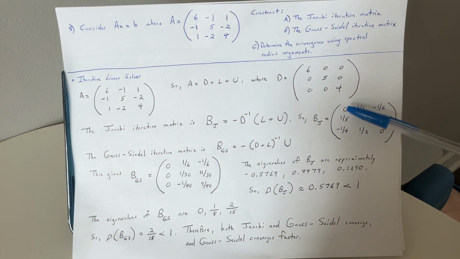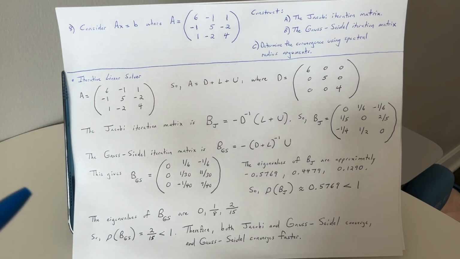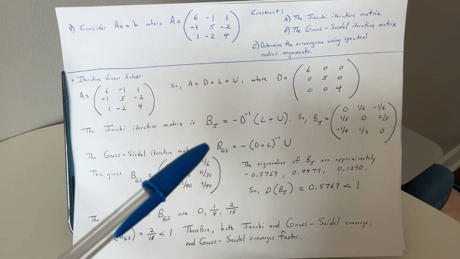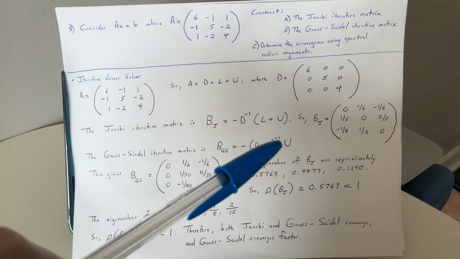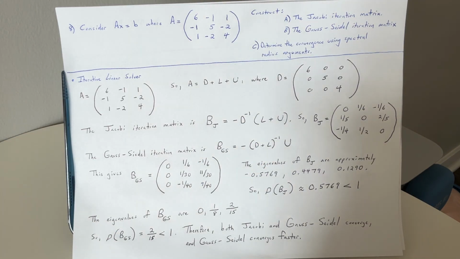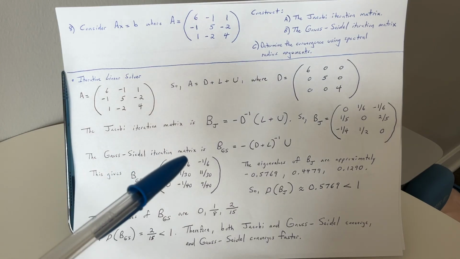So B sub J is going to equal the following. The first row is going to be 0, 1/6, negative 1/6. This is after computation. Second row, 1/5, 0, 2/5, and negative 1/4, 1/2, 0 for the third row. And the Gauss-Seidel iteration matrix is B sub GS equals negative this quantity (D plus L) inverse U. So this is going to give us B sub GS equals the following matrix.